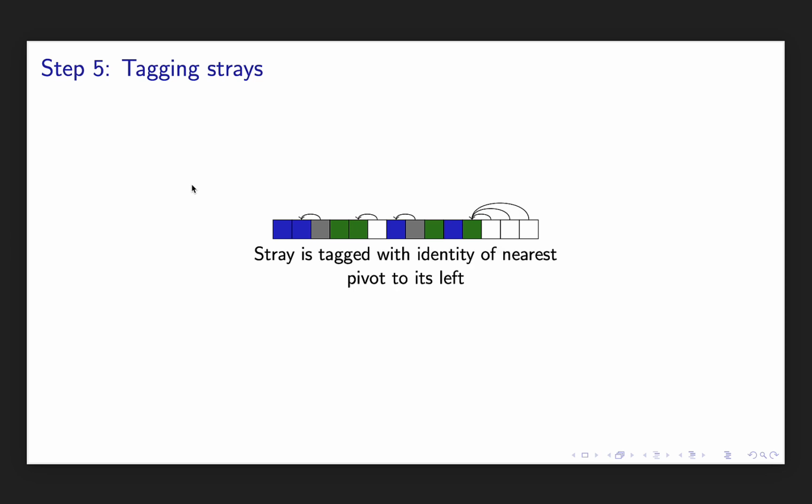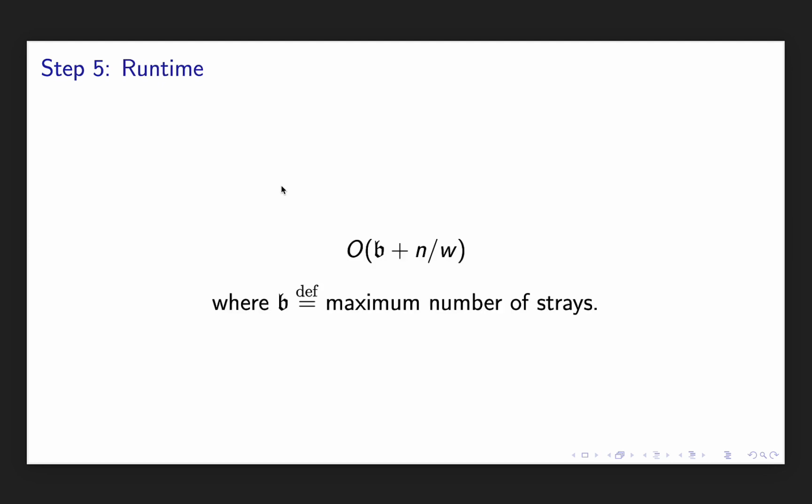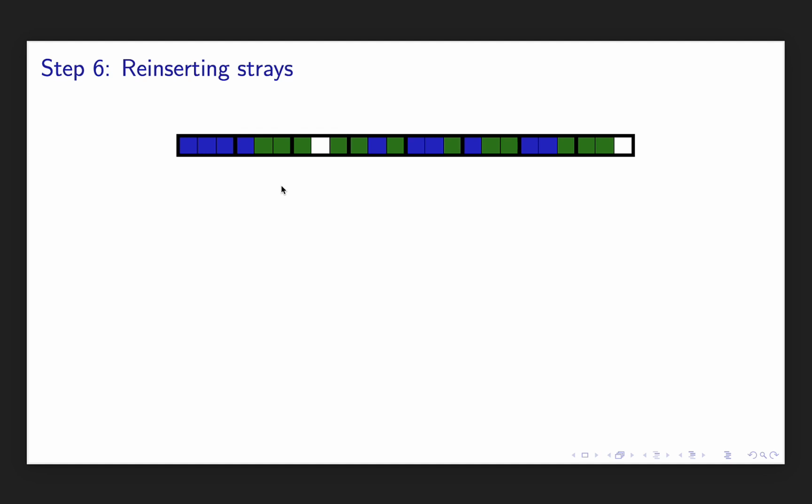Then with a linear pass over this list, we tag each stray with the identifier of the pivot that immediately preceded it. This procedure will take order of b plus n over w, where b is the maximum number of strays.